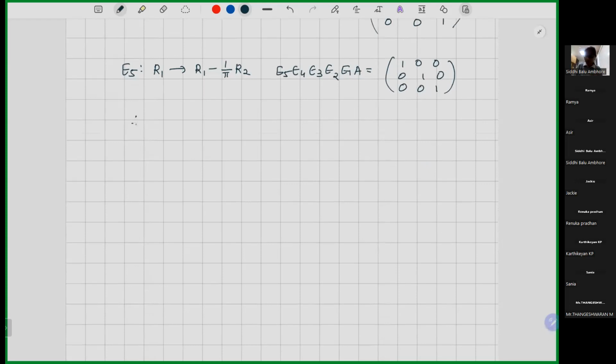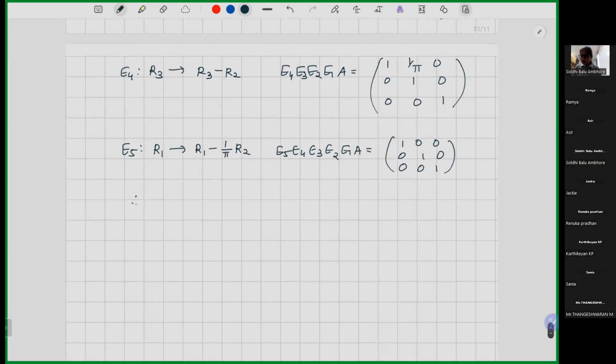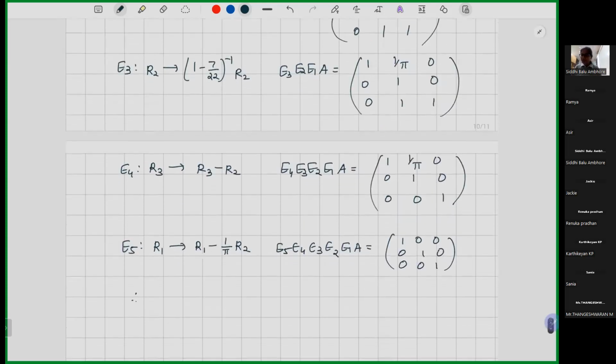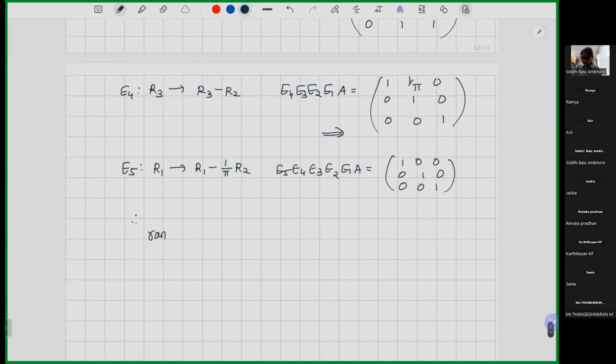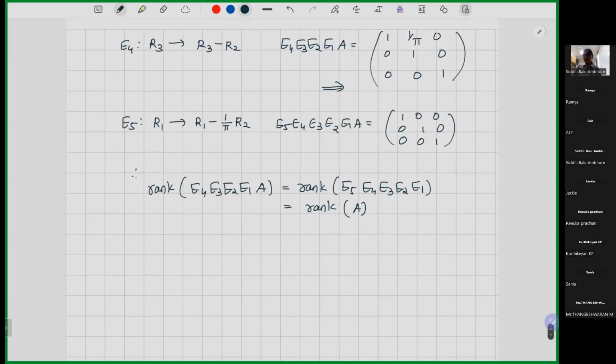This is in row echelon form and it has 3 non-zero rows. So therefore, in fact, the matrix here itself was in row echelon form. Okay. So let me just write this also. The rank of E4, E3, E2, E1, A is equal to the rank of E5, E4, E3, E2, E1 A, which is equal to the rank of A. Okay, by the earlier proposition.